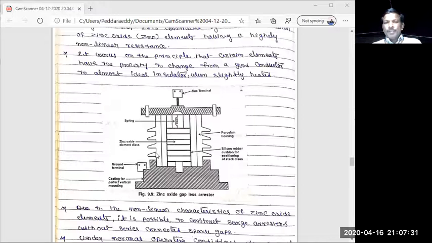So this zinc oxide lightning arrester is connected between conductor and ground. This is the top link, and this is the bottom link.